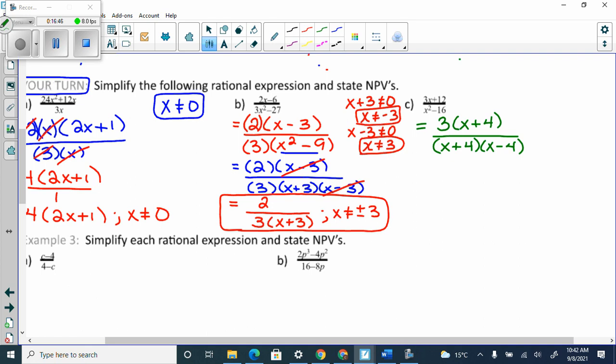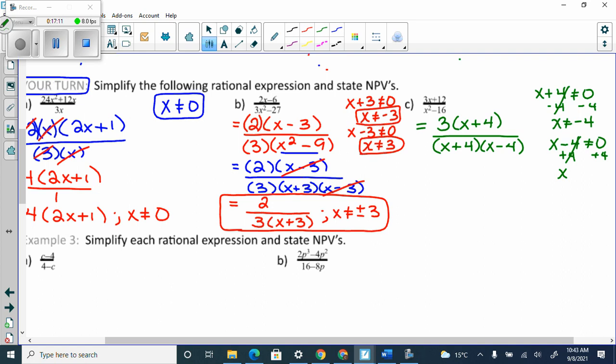Before I cancel, I see there's some things that match, but I have to stop myself and be like, no, I must state NPVs. So I'm going to go x plus 4 cannot equal 0. Subtract 4. X cannot equal negative 4. And then x minus 4 cannot equal 0, add 4.